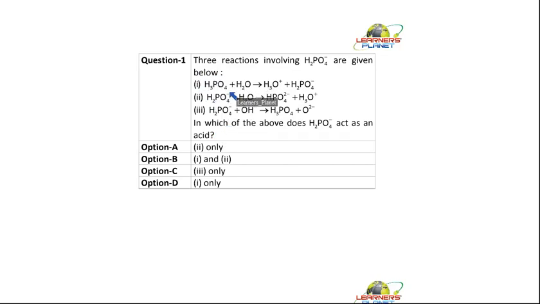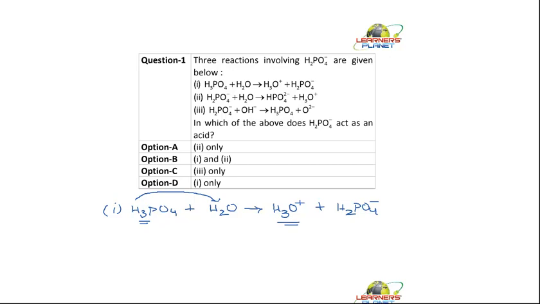Students, this is phosphoric acid, right? Now in the very first equation, this phosphoric acid, H3PO4, is reacting with water and forming H3O plus plus H2PO4 minus. So in this case, your H3PO4 is donating one proton to water and forming hydronium ion.